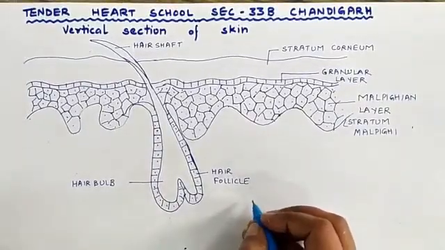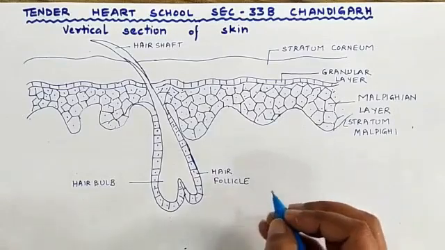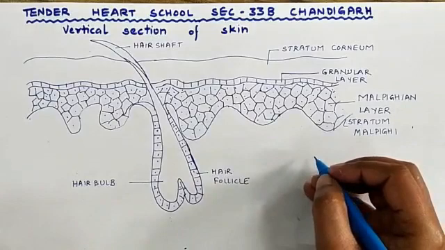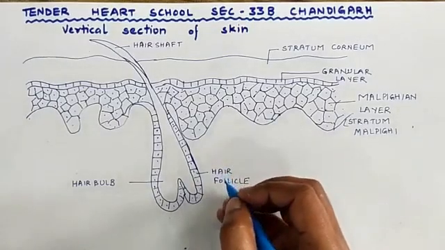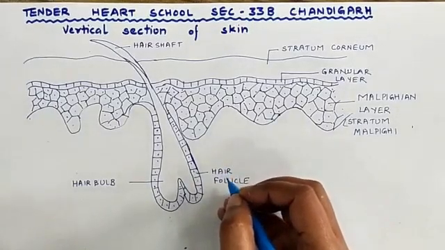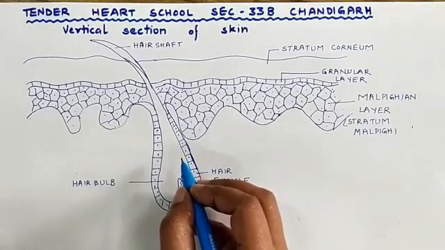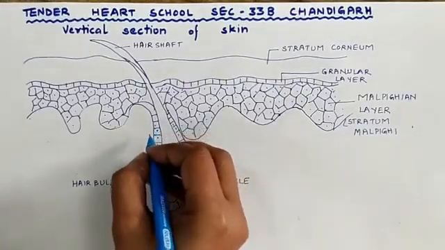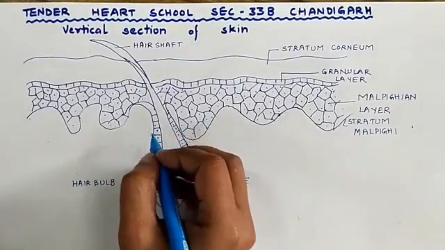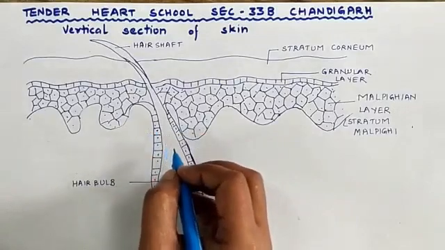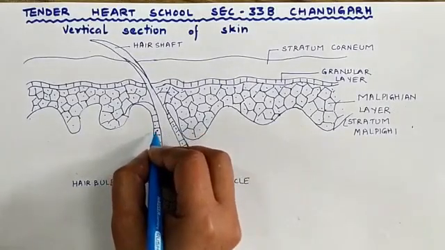Okay, then let us draw the various glands which are present. So we have the sebaceous gland. Sebaceous glands are usually present at the base of the hair, providing sebum, an oily secretion. They may also be present without the hair, not necessarily at its base, but usually they are present at the base of the hair.